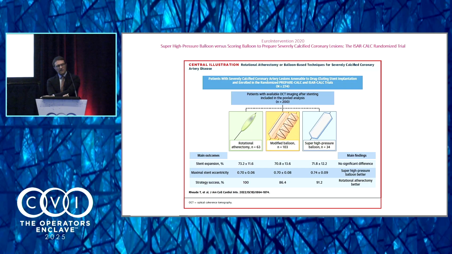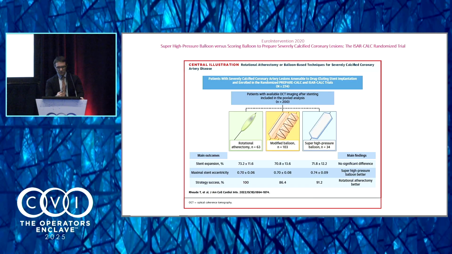the PREPARE-CALC and ISAR-CALC trials, rotablation against cutting balloon, and the ISAR-CALC 1 trial was cutting balloon against OPN NC. We combined the data at patient level, and this is what is summarized in this picture, in which you can see that the rotablator gives you the maximal strategic success. You cross the lesion, you can prepare the lesion with the rotablator.